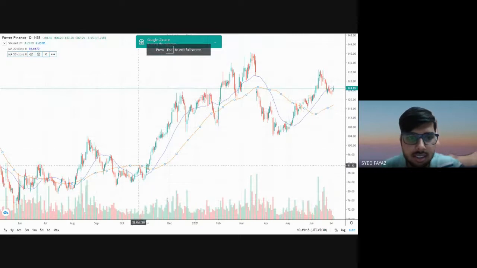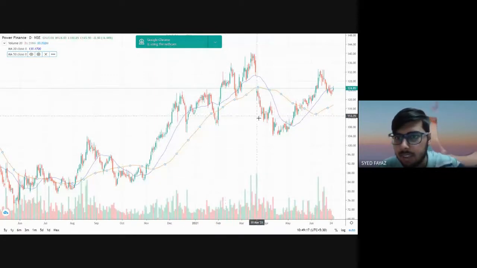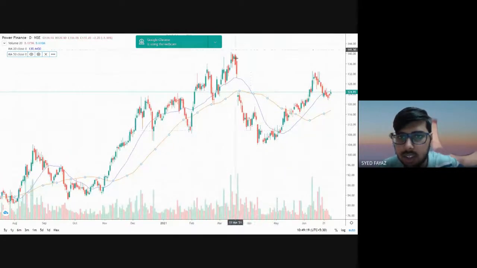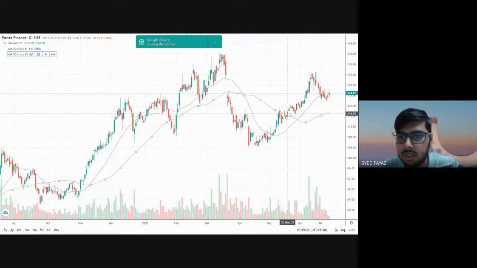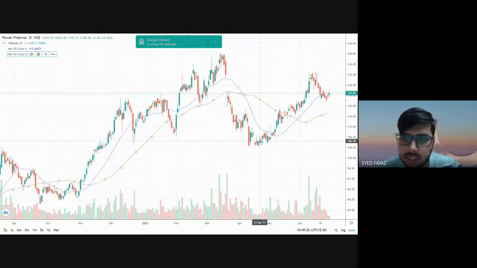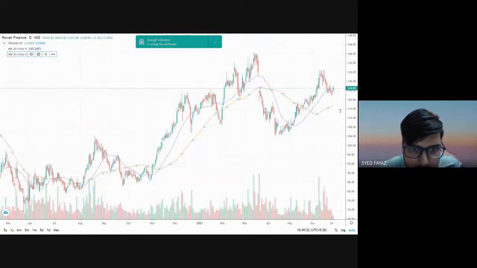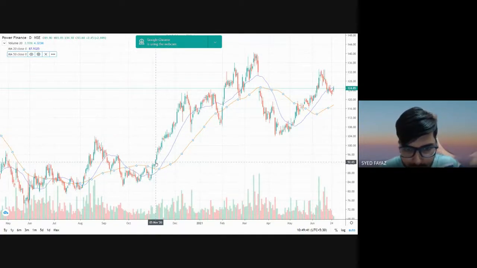In this, we can see that whenever the stock price crosses the 20 days moving average or the 50 days moving average, we can always see an uptrend following. Over here, it has crossed the 20 days moving average, and it has crossed the 50 days moving average.